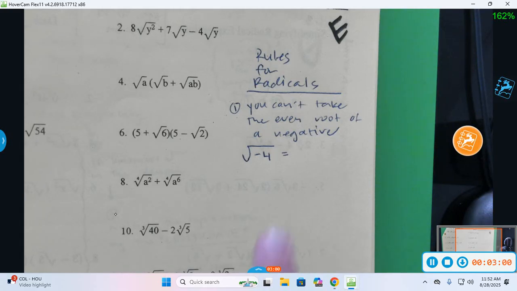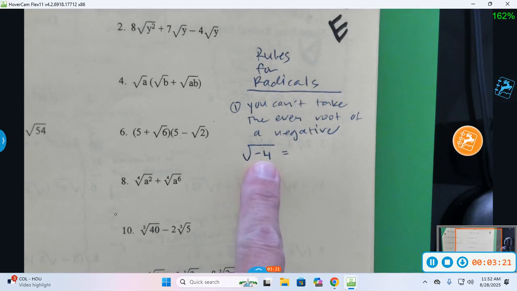But does anybody know what you can do there? What can you do if you have a negative under a radical? What kind of numbers are those? Does anybody know? Imaginary. This is an imaginary number. It is not on the real number system that you've probably studied your whole entire life. This does exist, but it's an imaginary number, and that's another section of this class on another day.